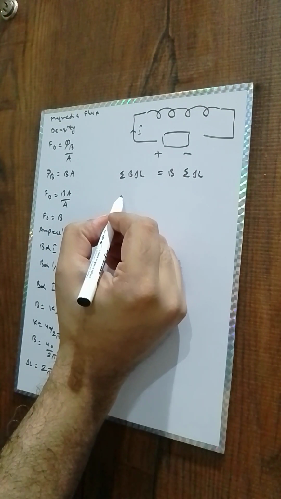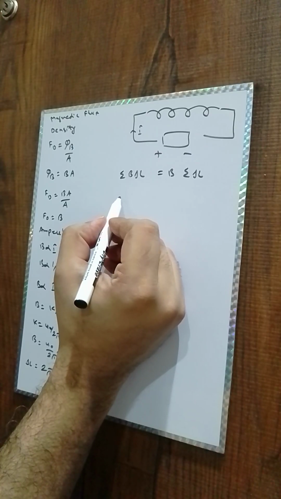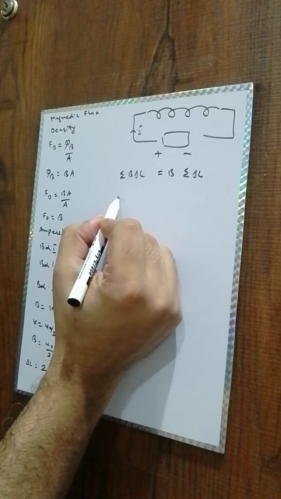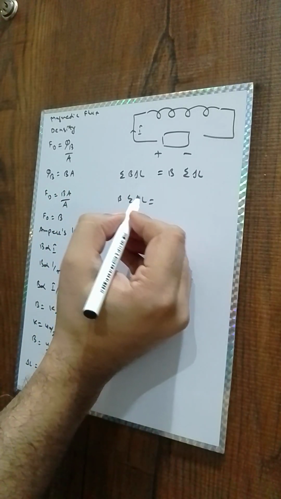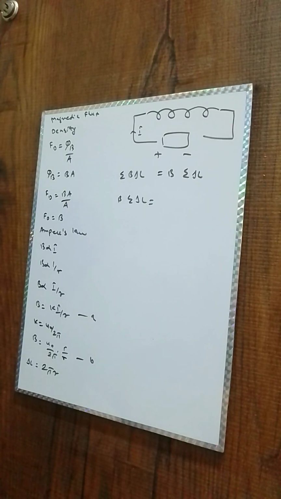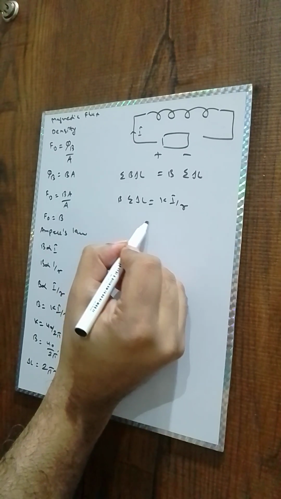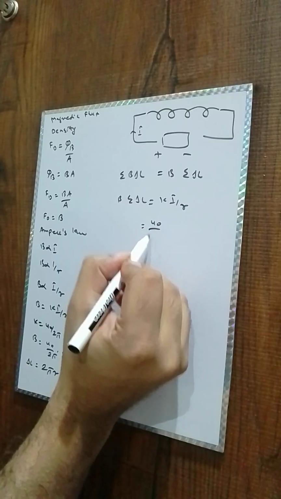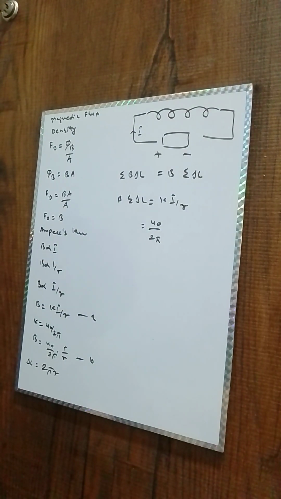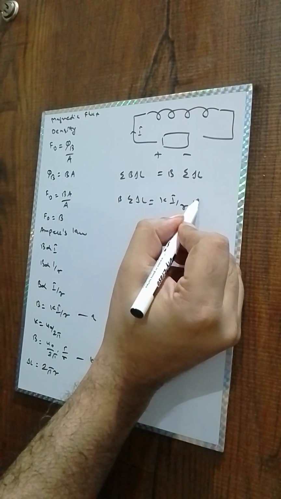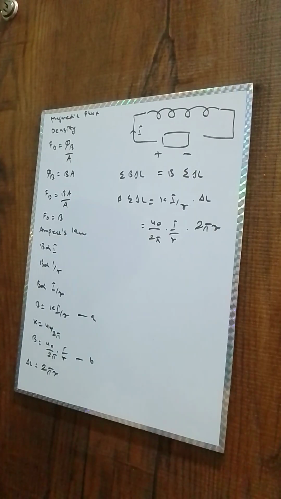So B summation differential length becomes equal to K I by R, which is equal to mu naught by 2 pi dot I by r dot 2 pi r, which is the total length.